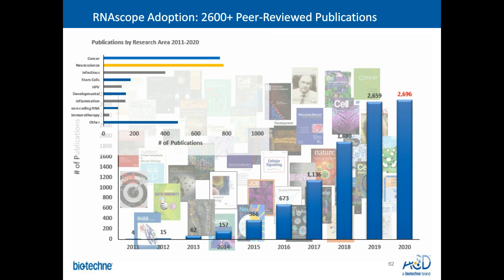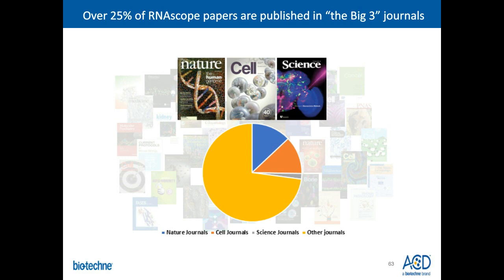Important fact, over 25% of our papers are published in 3 big journal publishing houses of Nature, Cell, and Science. Just again, it shows you the quality of our publications and how this technology might help advance your research, especially in cancer and neuroscience.